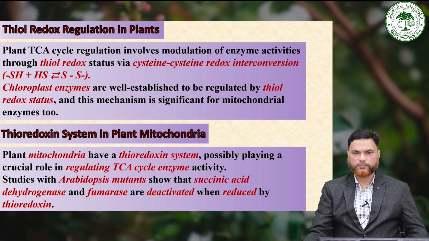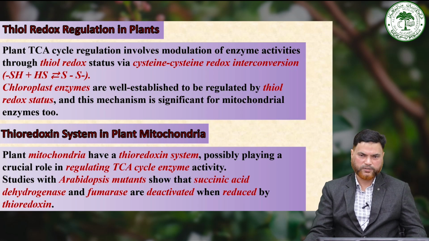When these enzymes are reduced by thioredoxin, succinic acid dehydrogenase and fumarase are deactivated. Reduction in this context refers to the addition of electrons or removal of oxygen, and it often leads to a change in the enzyme's conformation or its activity.